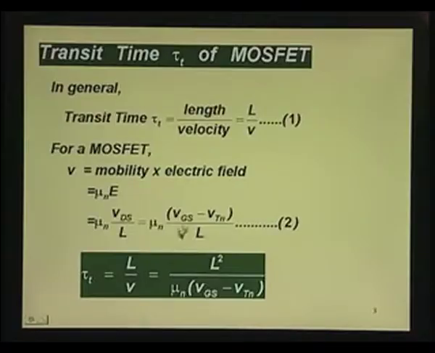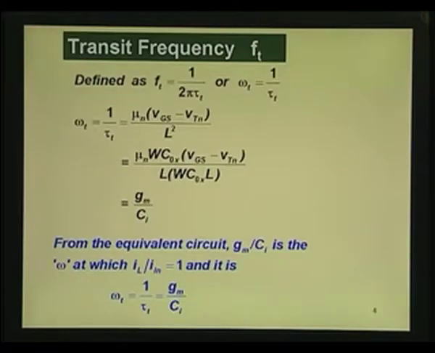So, that is the electric field, and when you substitute all these together, transit time is actually equal to length square divided by mobility and a voltage dependent term. So, you can see that it is very important to reduce the channel length to have smaller transit times, because the transit time actually decides what is the cutoff, what is the transit frequencies, okay.